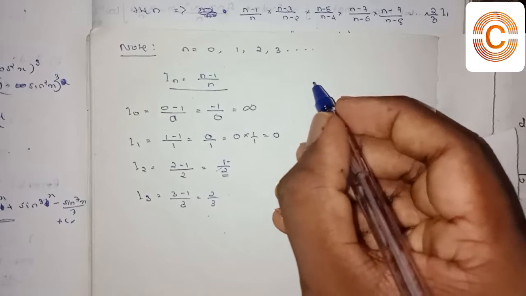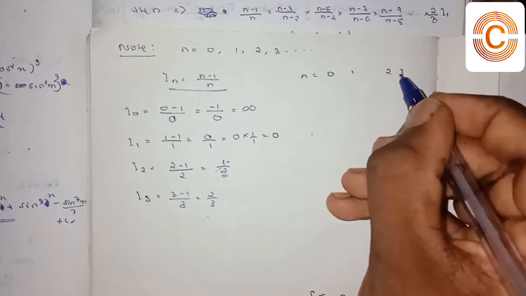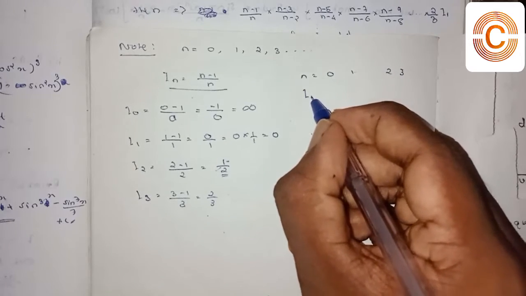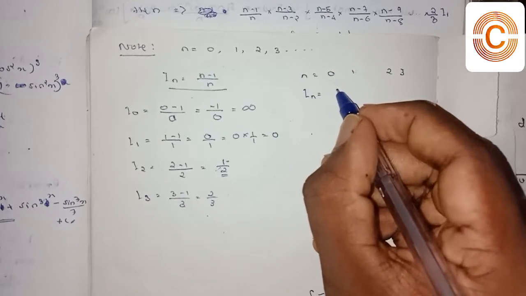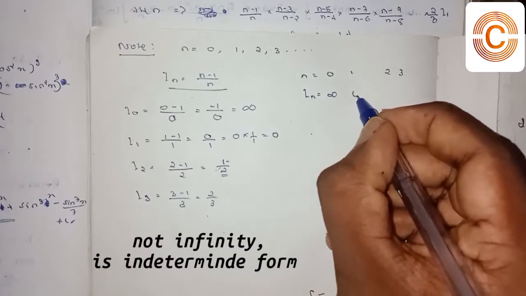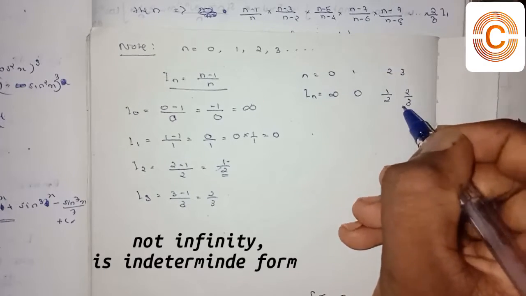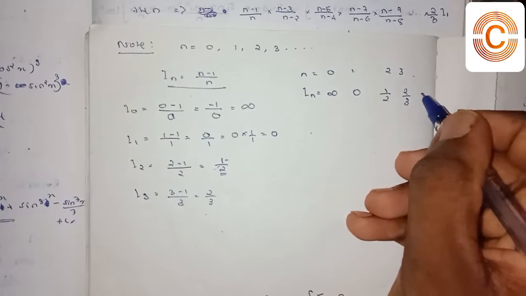So here we get the values for n equal to 0, 1, 2, 3: corresponding to 0 we get infinity, corresponding to 1 we get 0, corresponding to 2 we get 1 by 2, and 3 gives 2 by 3. Likewise it continues.